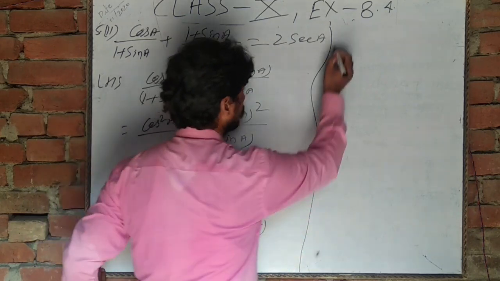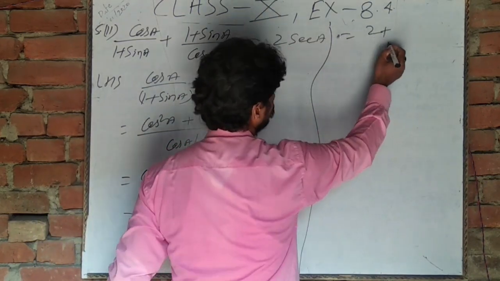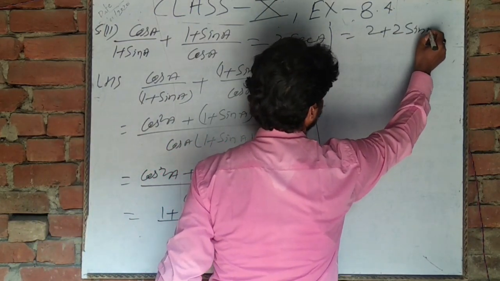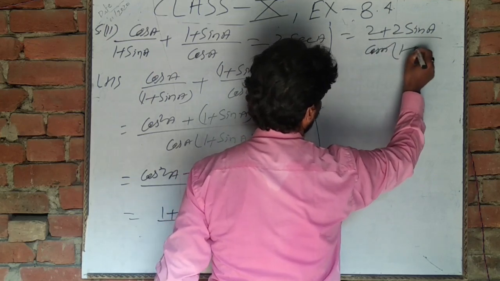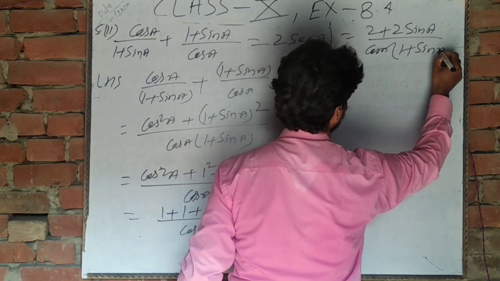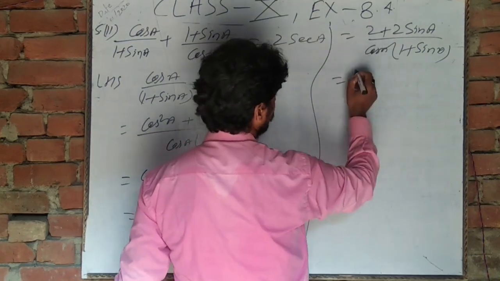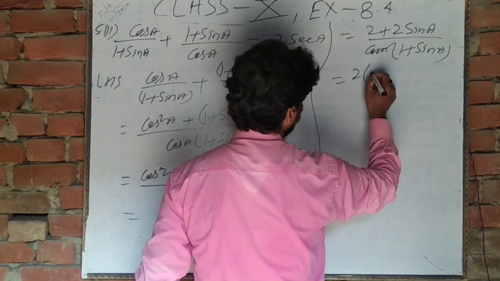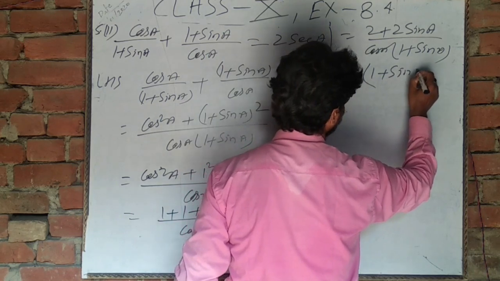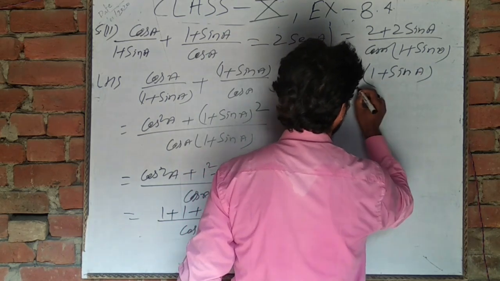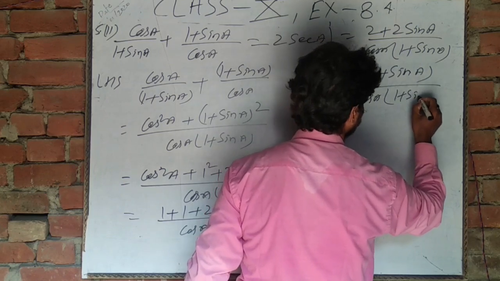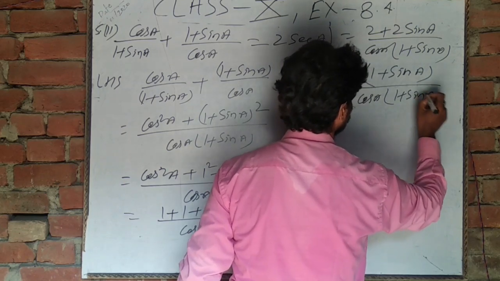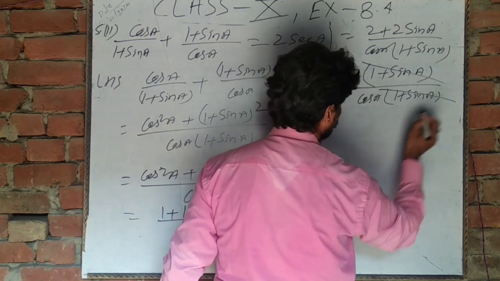So we will write here 2 plus 2 sin A by cos A into 1 plus sin A. When we take common 2, then we will get 1 plus sin A by cos A into 1 plus sin A. 1 plus sin A, 1 plus sin A cancel.